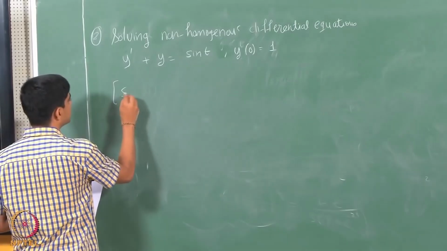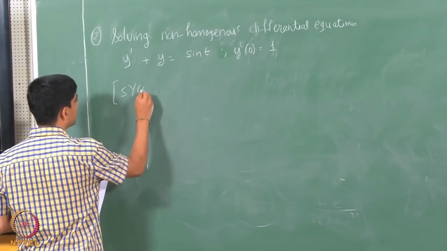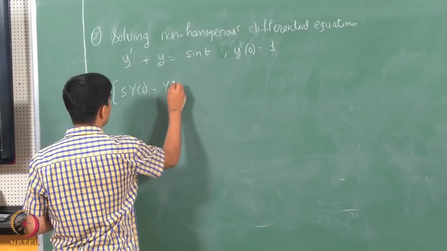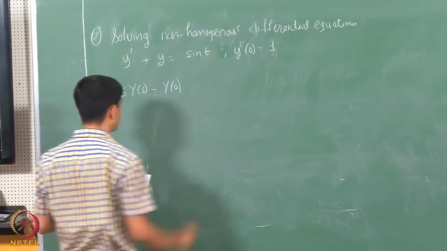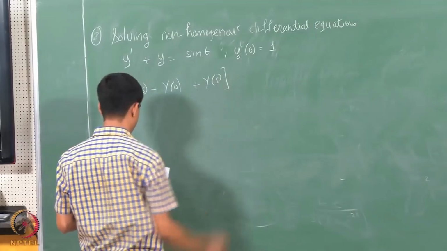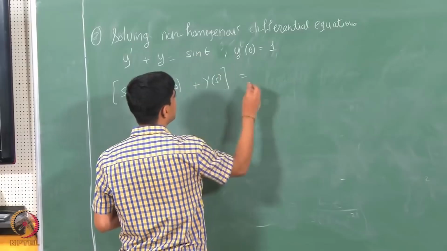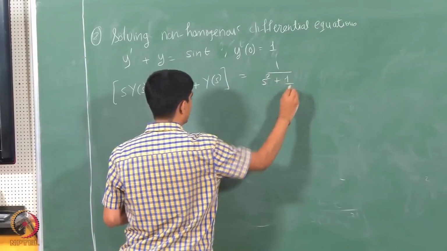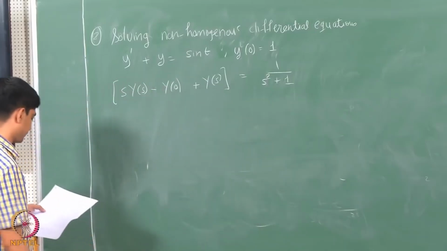So, I have s times y of s minus the initial condition y of 0, okay, plus y of s. On the right hand side I have sine of t, the Laplace transform of sine of t is 1 over s square plus 1. Okay.